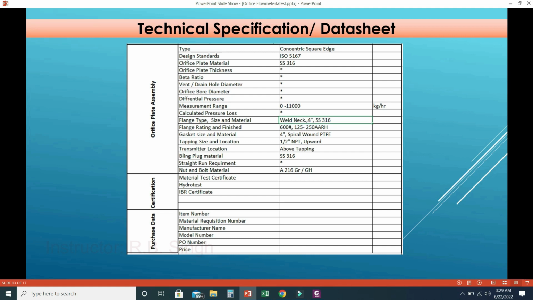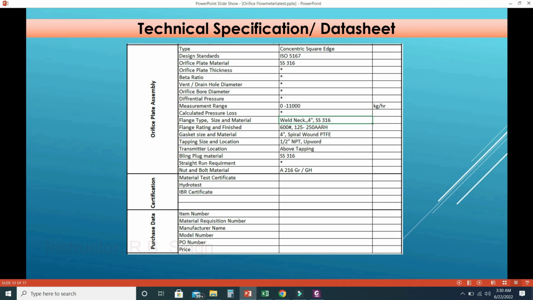This is also called tapping orientation, so we can mention the tapping orientation here also. What will be the tapping orientation for the upstream? We can consider 45-degree up, and for liquid applications we can consider 45-degree down from the horizontal line. This way we can provide the orientation of the tapping.